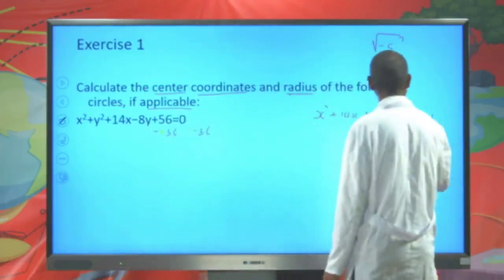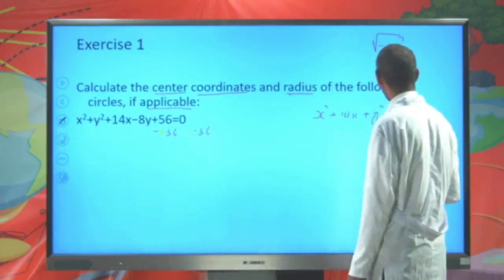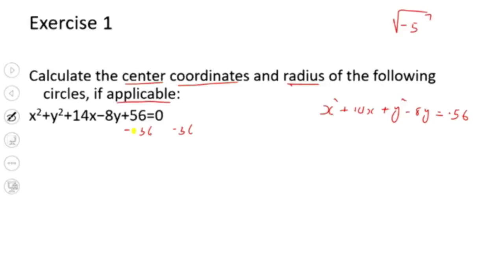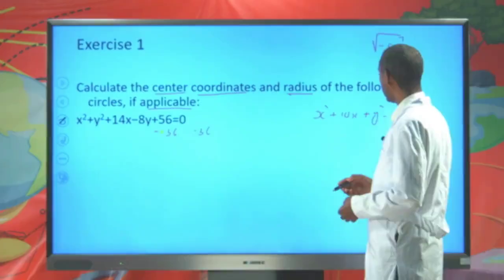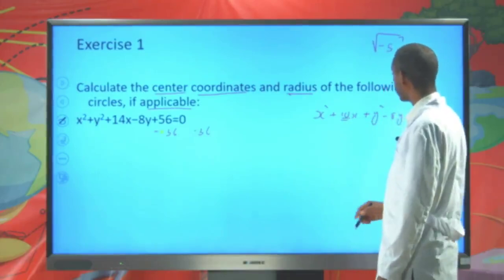My new equation is x² + 14x + y² - 8y = -56. The purpose of doing this is to complete the square and find the coordinates of the center.